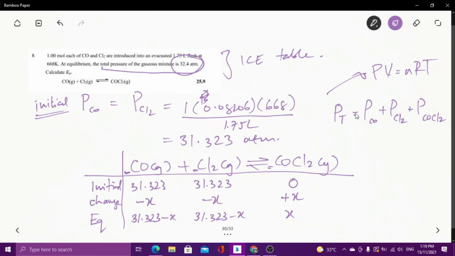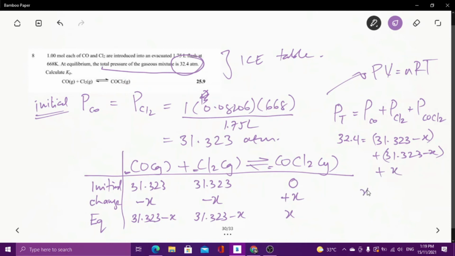Sebab at equilibrium ni semua dah wujud dah. Okay, so kita ada 32.4 bersamaan dengan, so kat sini anda akan tambahkan semua: 31.323 minus X plus 31.323 minus X plus X.